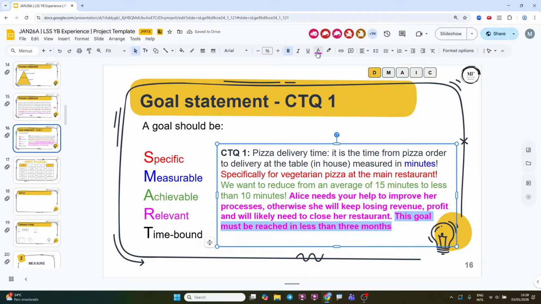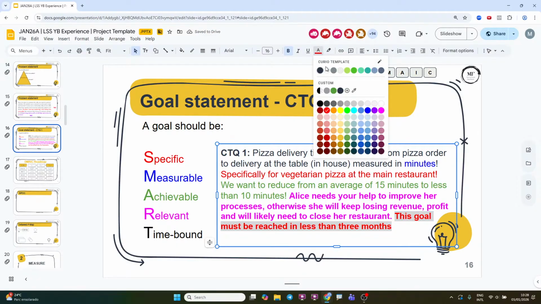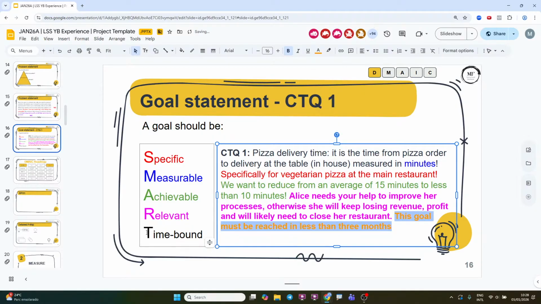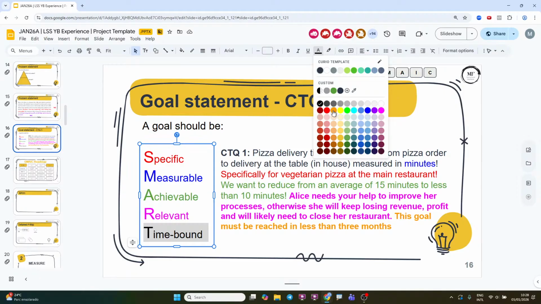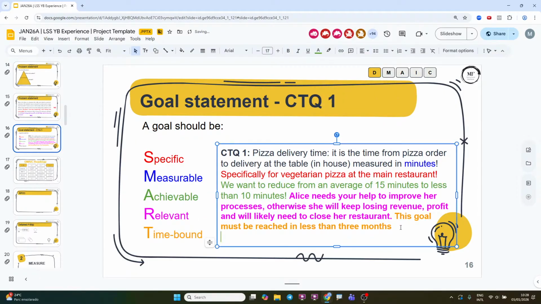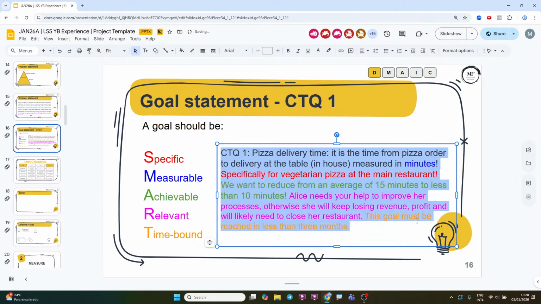For a Lean Six Sigma project, I do not recommend more than 3 months, okay? I strongly recommend that you keep this in max 3 months, okay? Max 3 months. Okay, so this is a good example of a goal statement, okay?